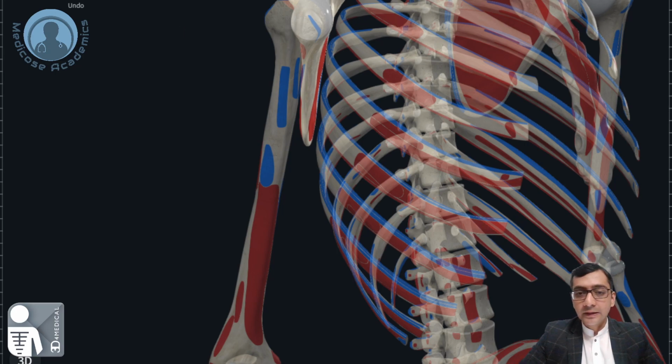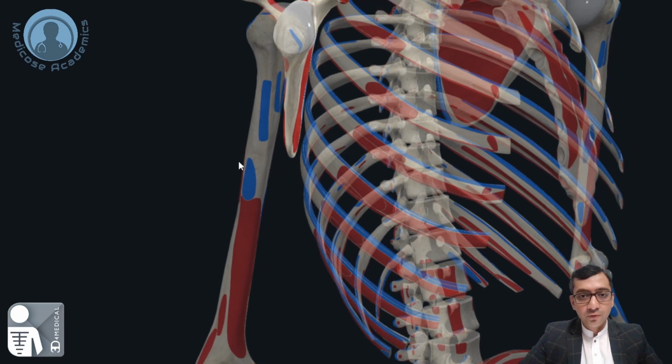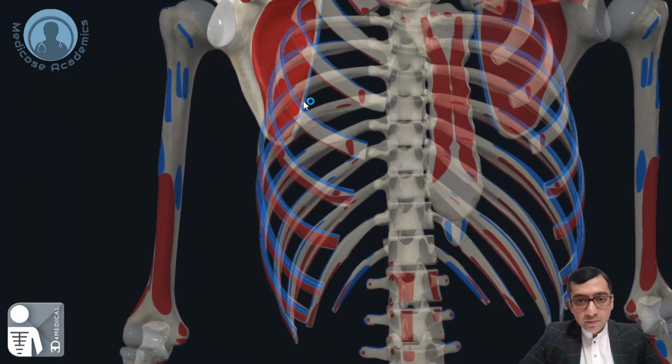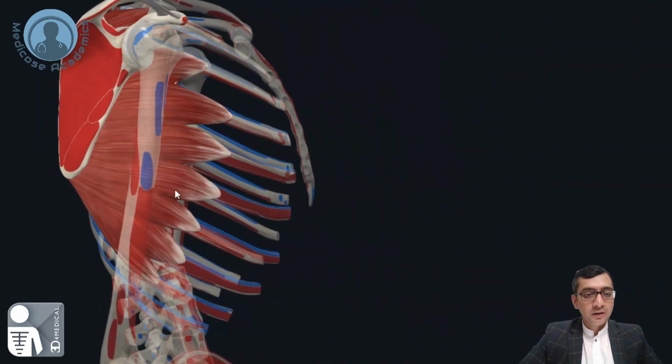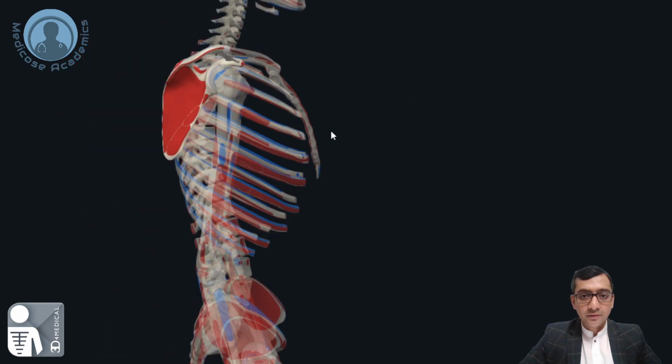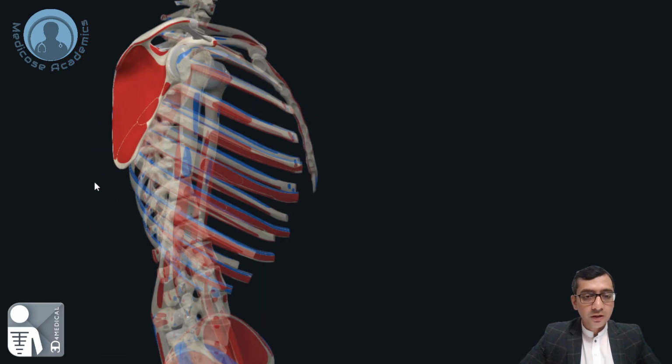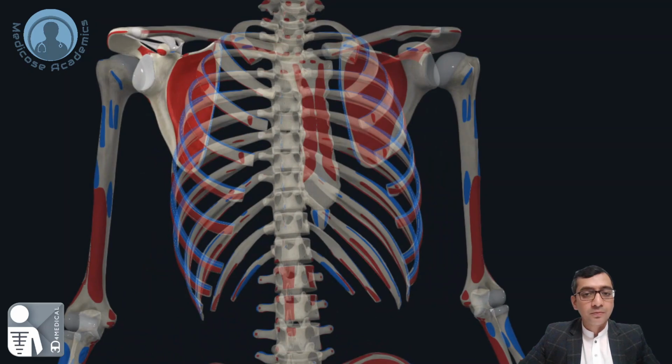If this muscle becomes non-functional for one reason or another, the scapula gets a little away from the ribs.